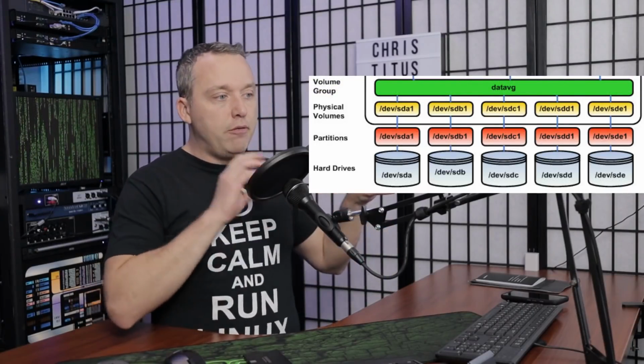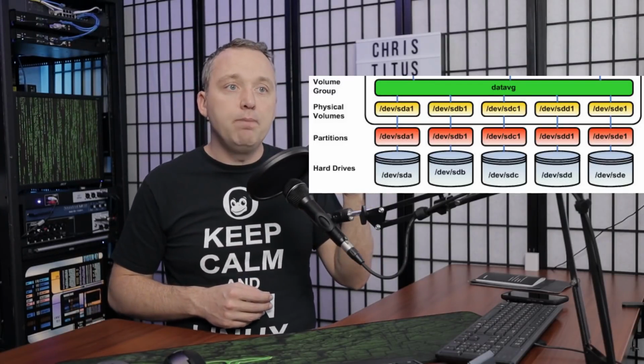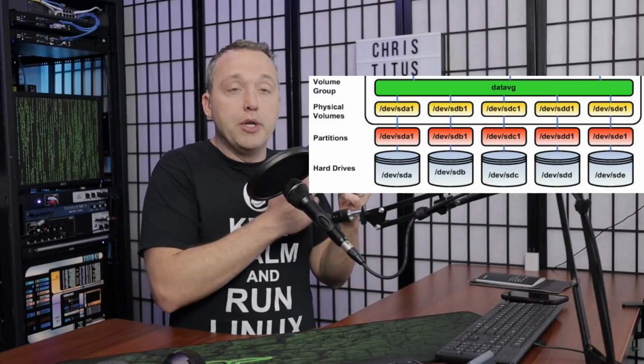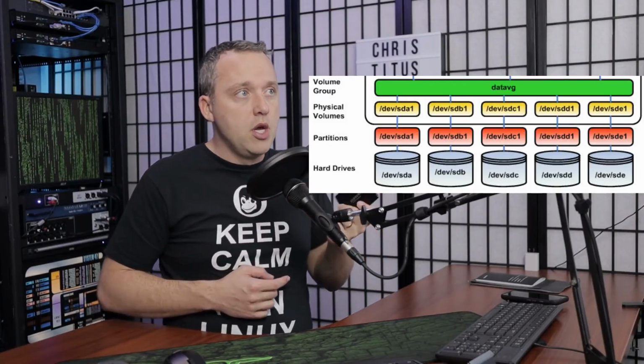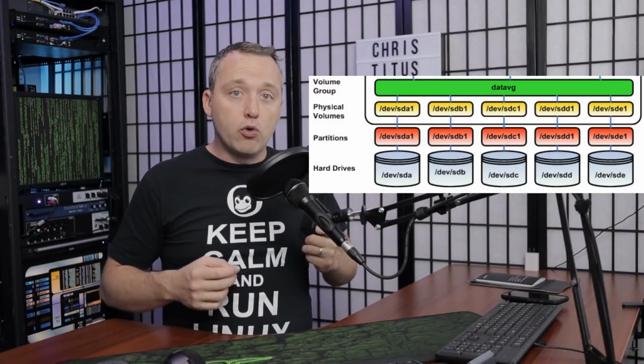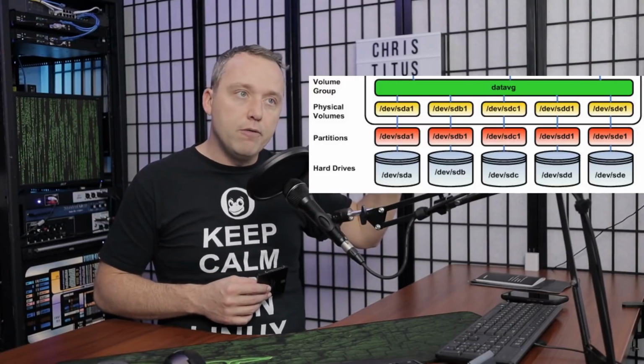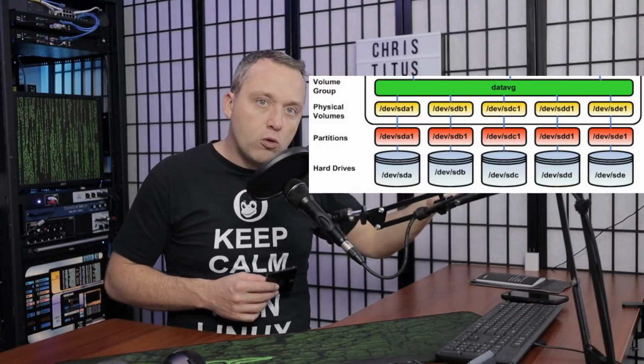Let's say this one hard drive has 3 different partitions on it, and that was all put into PVs, or physical volumes. And you wanted to take all 3 of those and make one volume group. You totally can do that. That's the second layer. So after you've made your physical volumes, you put them into a volume group.